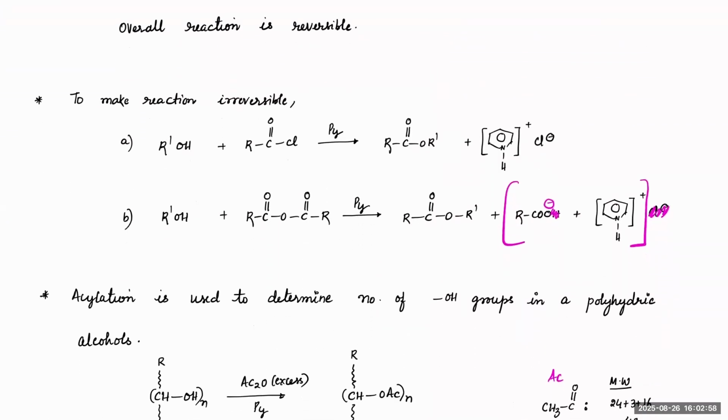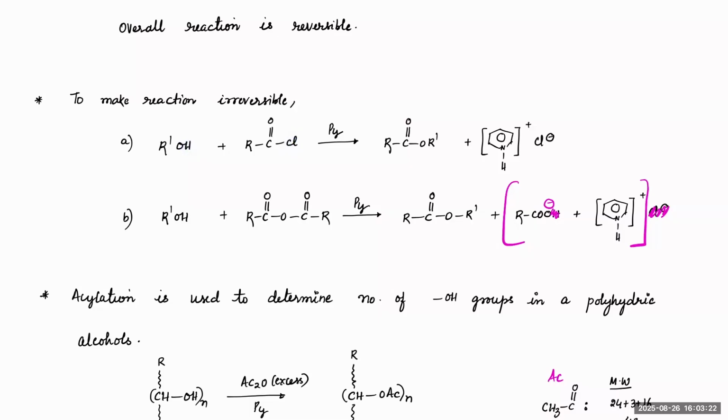Now, overall reaction of esterification is a reversible process. But what if I want to make it more irreversible? To make it irreversible, instead of taking acids, you directly take acid chlorides in pyridine. So when you take that, what happens? First, you see this H and Cl will come out as acid.